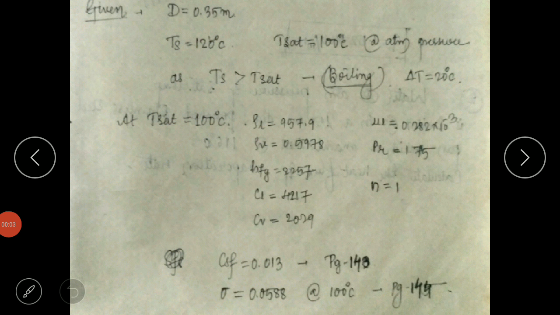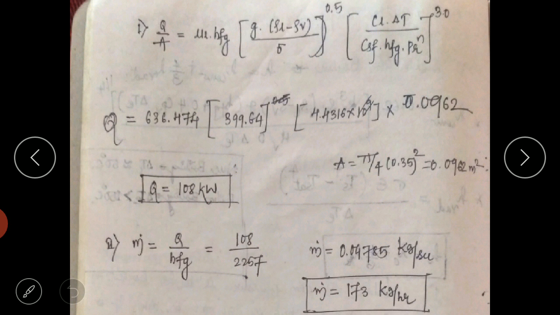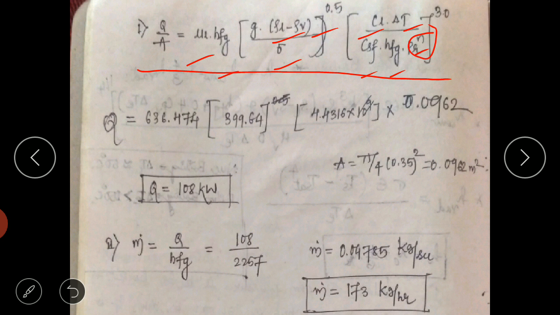Okay, continue. Once all the values are noted down, you can see this is the first formula where all these values are required. The value of n is 1 here. CSF is noted down for Tsat. All the properties are noted down at the saturation temperature in this problem.